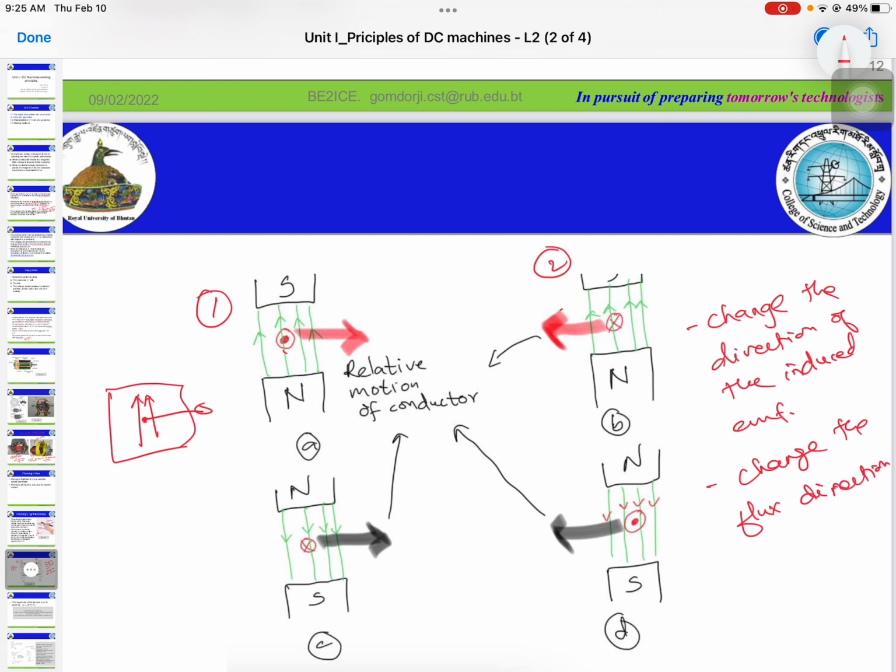If you remember the right hand thumb rule, the flux direction can also be changed, and we also have the scope to change the relative motion of the conductor. We have three options. If you want the current direction in a different way, we can either change the direction of the magnetic flux or the rotation of the conductor.